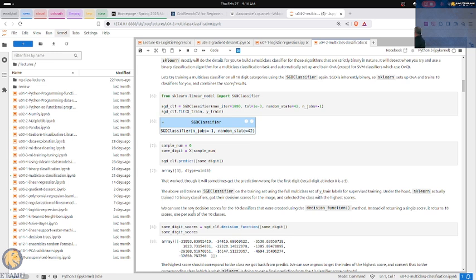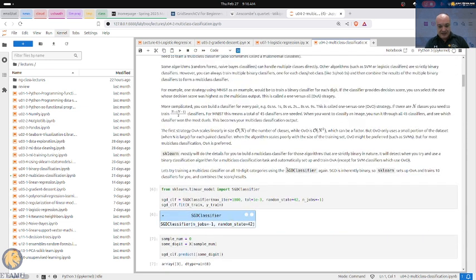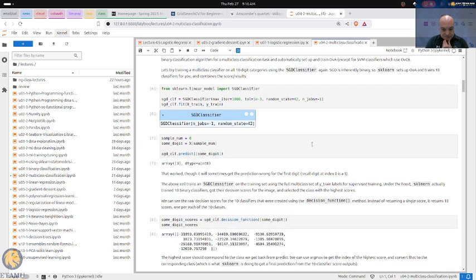Or you can just leave it up to scikit-learn to hide the details from that. So like the SGD classifier doesn't do multi-class classification natively. So I can't remember the default, if it's 1 versus all or 1 versus 1.